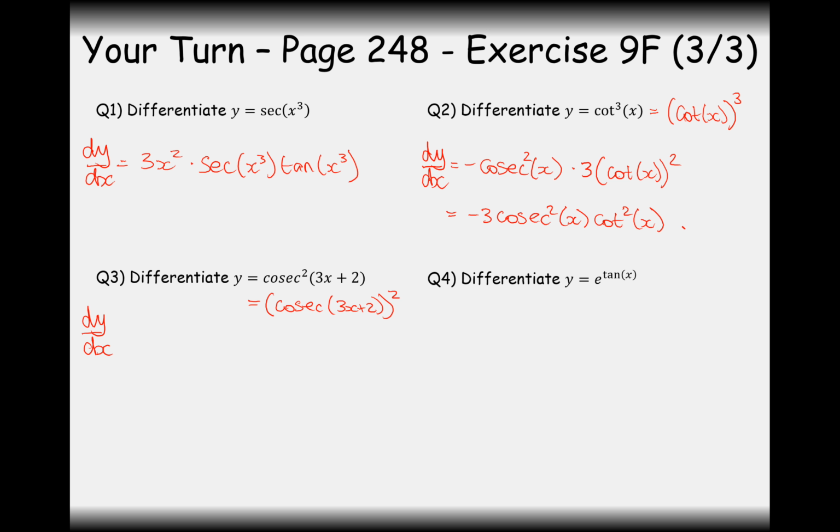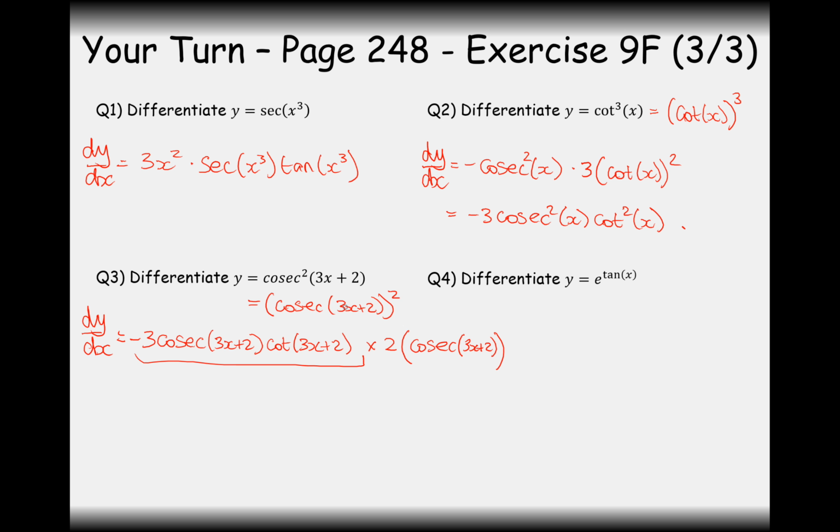Cosec differentiates to minus cosec cot. So the first part of this problem is going to be minus 3. The 3 has come from the derivative of the inside, and then it's going to be cosec 3x plus 2 cot 3x plus 2. This so far is the derivative of the inside, and now I'm going to have to times this by the derivative of the outside. The outside function is the power of 2, so it's going to be 2 times cosec 3x plus 2.